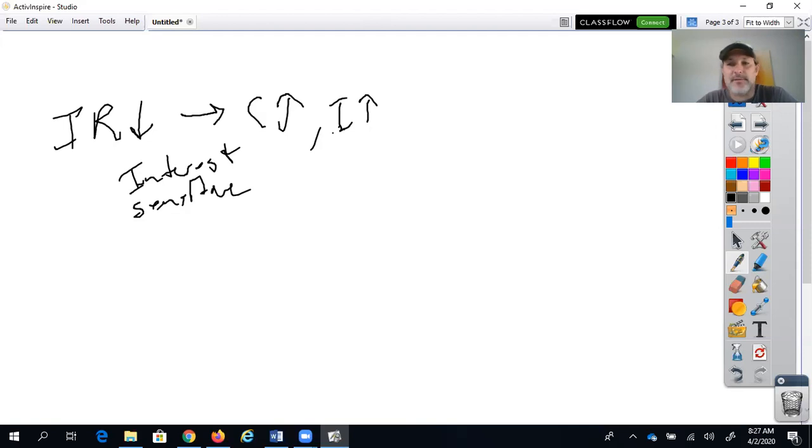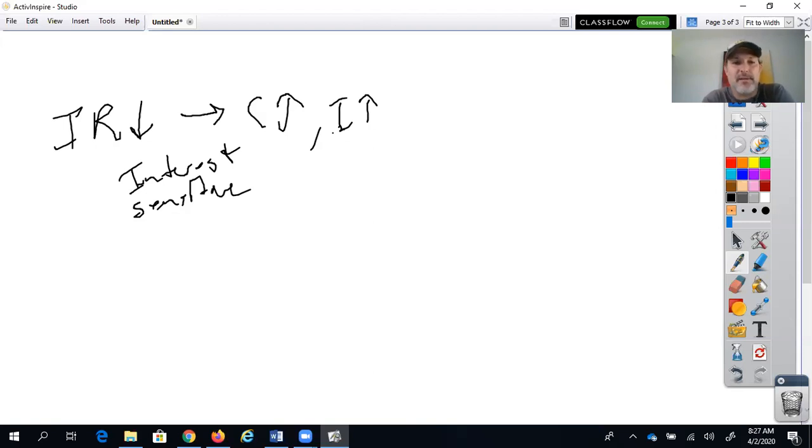Interest sensitive expenditures is anything you need to borrow money to purchase. You need to borrow money to purchase a house or a car or a big ticket item. You don't hopefully need to borrow money to buy a Twix or a candy bar. That's not an interest sensitive expenditure.